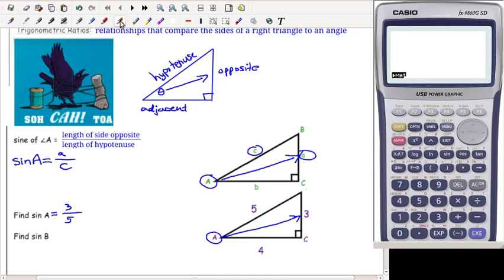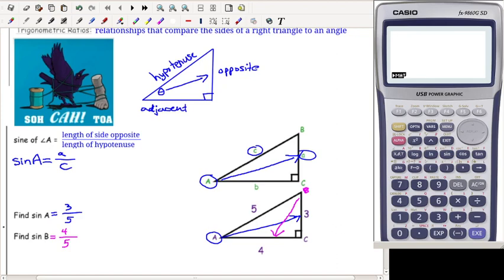Now we can do the same thing with angle B. Sine of B is going to be the length of the opposite side of B. Here's angle B up here. Opposite B is the side not touching B, not part of B. So in this case, the opposite side from B is 4, and the hypotenuse is still 5.